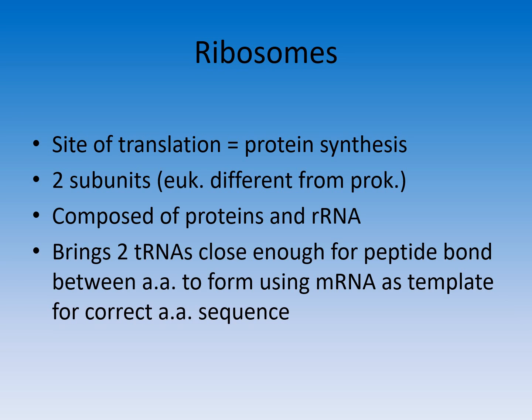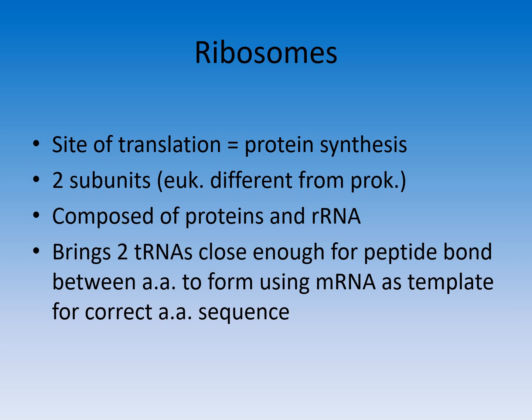Well, if you want to make a protein, that's a sequence of amino acids, you have to get all these amino acids close enough together to form those peptide bonds between each one. Do it one at a time. Add one amino acid at a time. Okay, well that's great. That means you have to get two tRNAs close enough together to form a peptide bond.